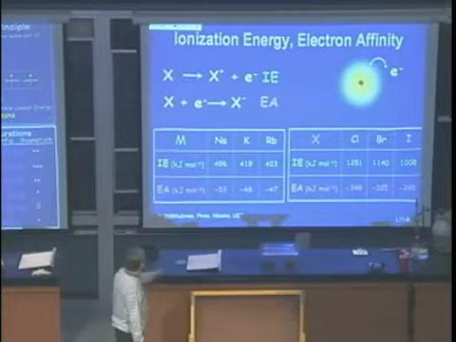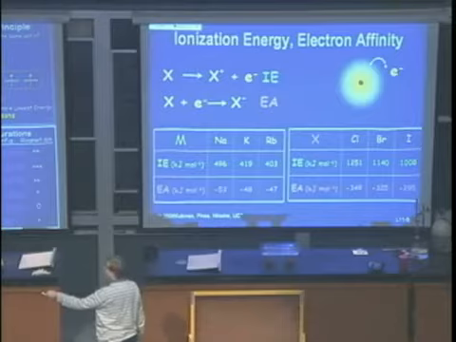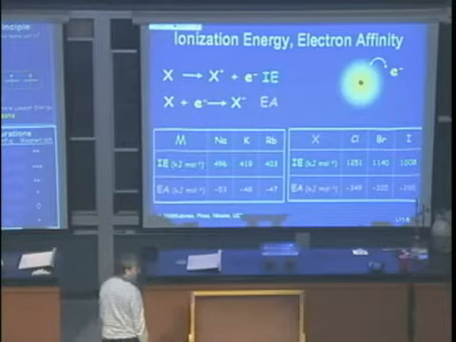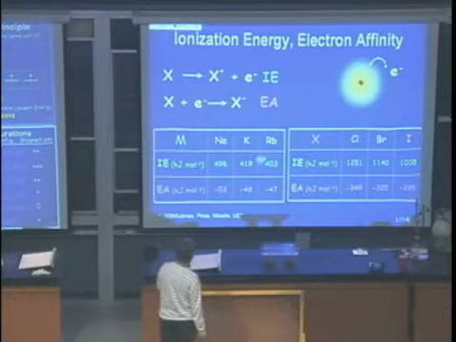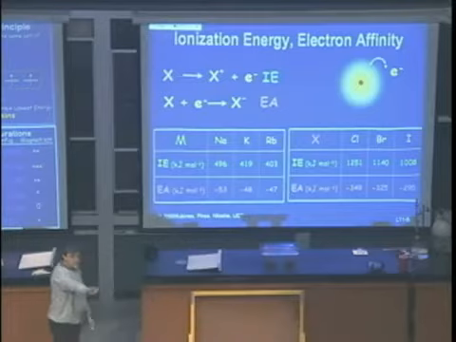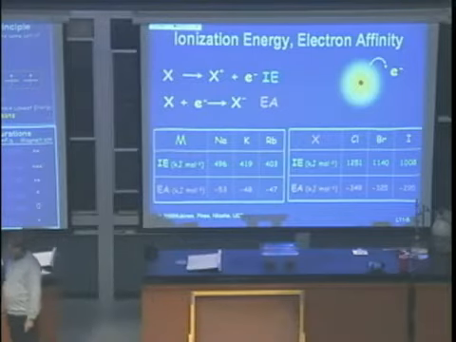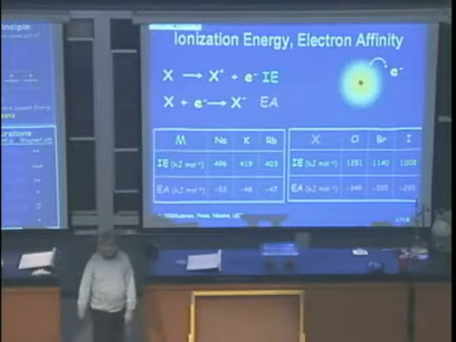Sodium would be the 3s, potassium 4s, and rubidium the 5s. All right. So we would have then a sodium plus, a potassium plus, and a rubidium plus. And you need 496 kilojoules per mole to rip that electron away from a neutral sodium atom, but only 403 kilojoules per mole to rip this electron from rubidium.